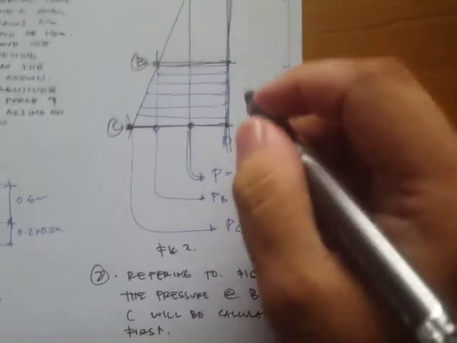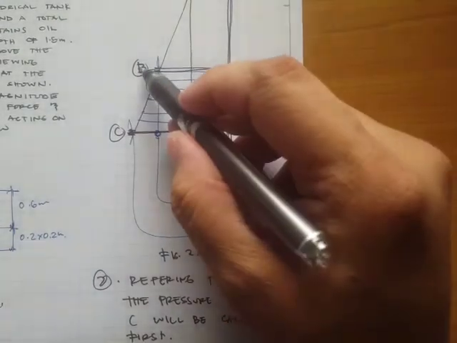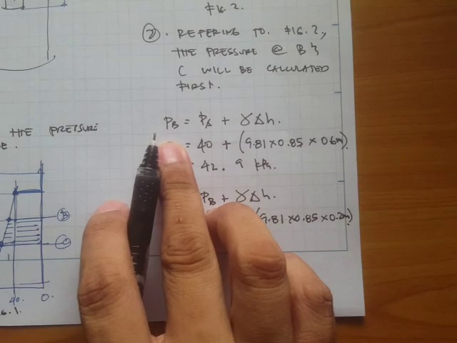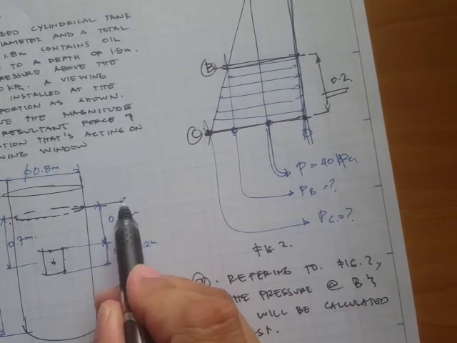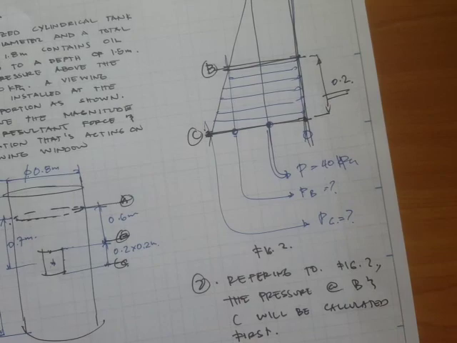Okay, the question is, why is it 0.2? It's simply because we are only evaluating the pressure from point B to point C. So that's why that's 0.2. Earlier, when we solved for the pressure at B, we were evaluating the pressure from point B to point A. This is our A, this is our B, and this is our C.